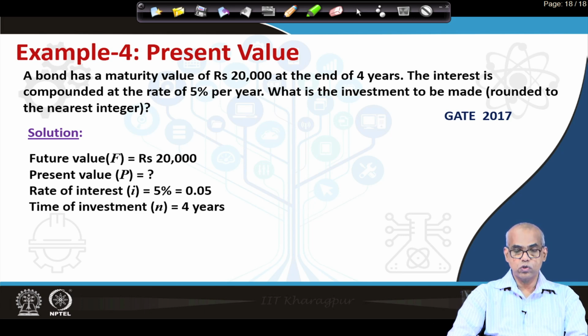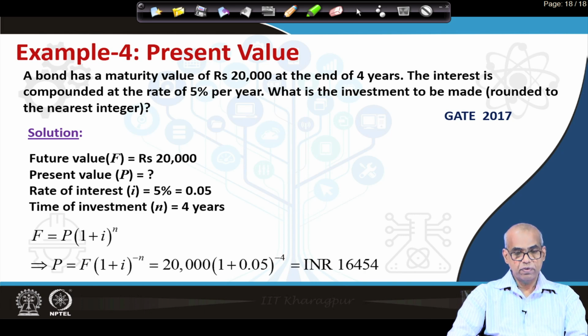So, i equal to 0.05 and time of investment n equal to 4 years. We know F equal to P into (1 + i)^n. From that you can get P after rearrangement as P equal to F into (1 + i)^(-n). If you do the computation, you will get rupees 16,454. So, that is the present value for rupees 20,000 in future.